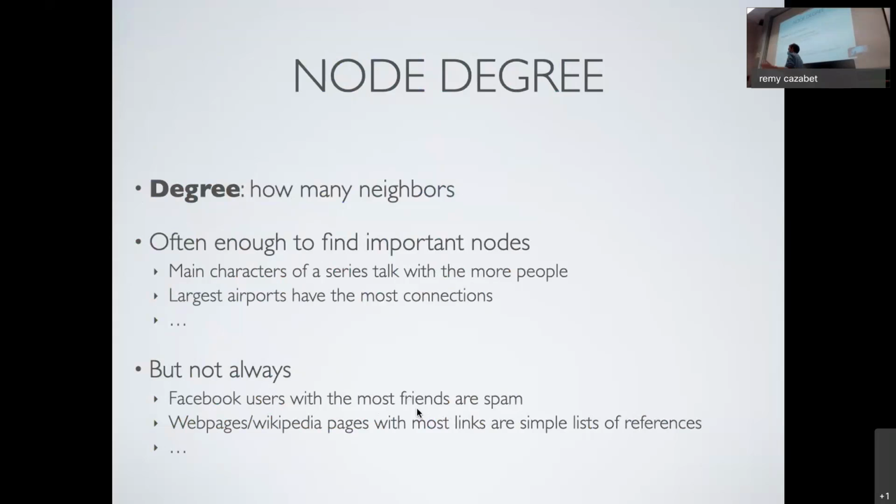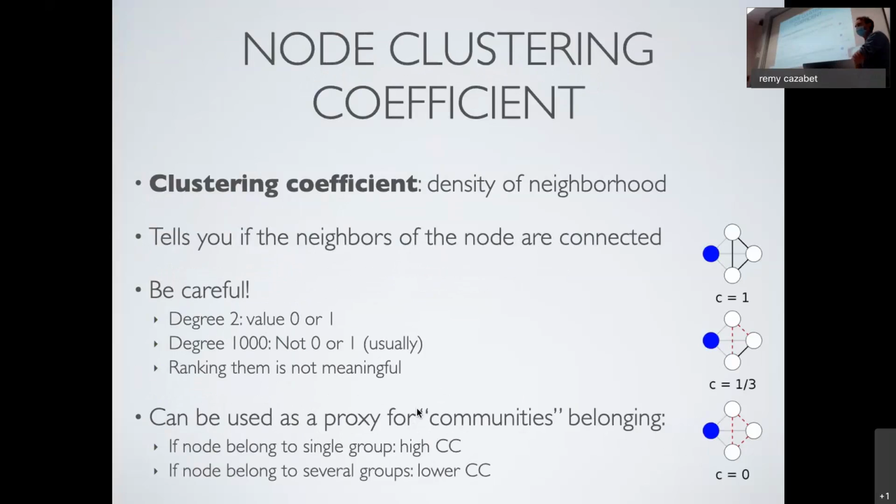You have a page which lists everything that happened in 2011, and it has a lot of references. It doesn't mean that this page contains really useful and interesting information. It just means that it has a lot of links. So it's a good proxy, and often it's the first thing we compute, but it's not enough in every case, obviously.